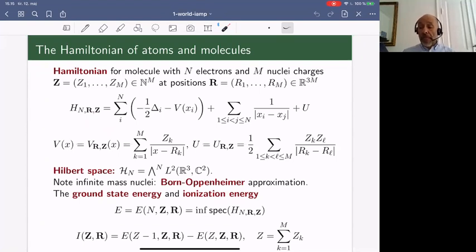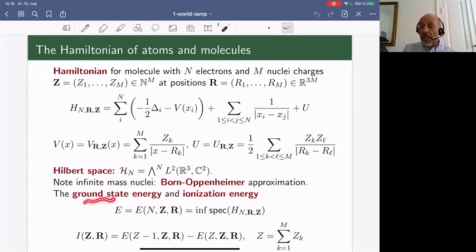But most of the time here, I'm thinking of them as parameters, and I'm interested in how the energy of the atom depends on the values of these parameters. So I'm looking at the Born-Oppenheimer curve.